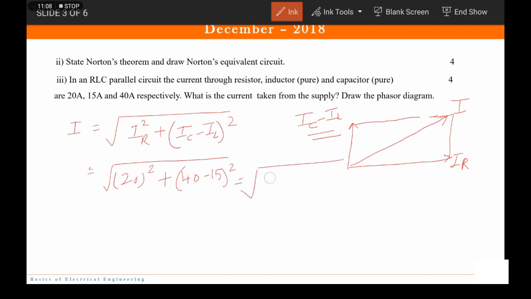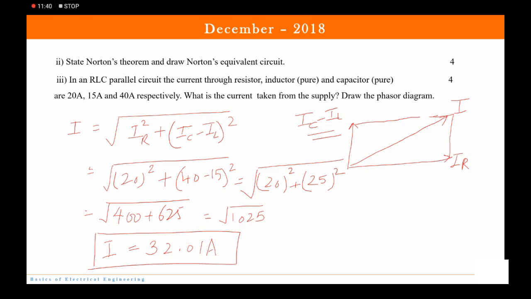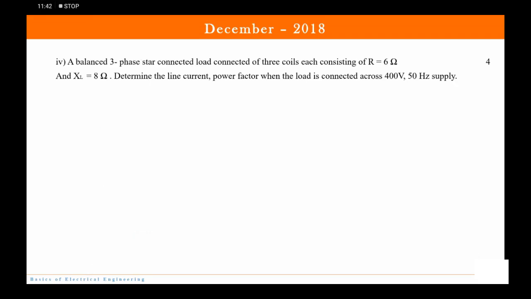So it is 20 square plus 25 square, which is 400 plus 625, so the square root of 1025. The resultant current comes out to be 32.01 amperes. This is the answer. So we have drawn the phasor diagram also.